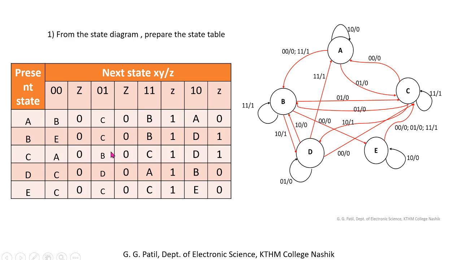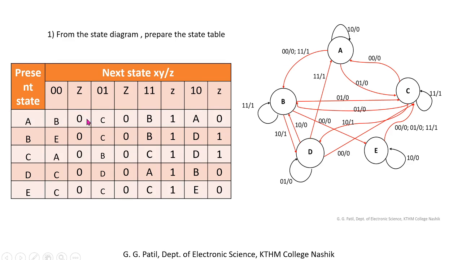Under each state condition, starting with A, check the values of the input 0 0. Here, when present state is A and input is 0 0, the next state is B, and output is 0. So it is written next state is B and output is 0.